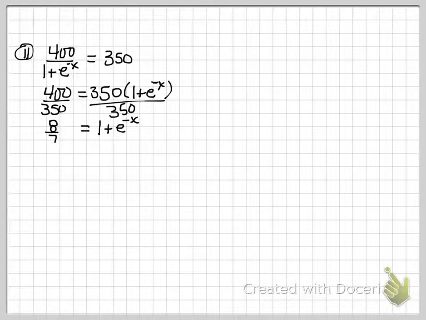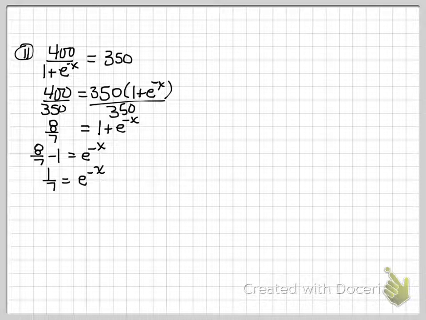Minus 1 on both sides. Now 8/7 minus 1. 1 can be rewritten as 7 over 7. That's going to leave me 1 over 7 equals e to the negative x. We need to get rid of the e so that we can bring that exponent down.